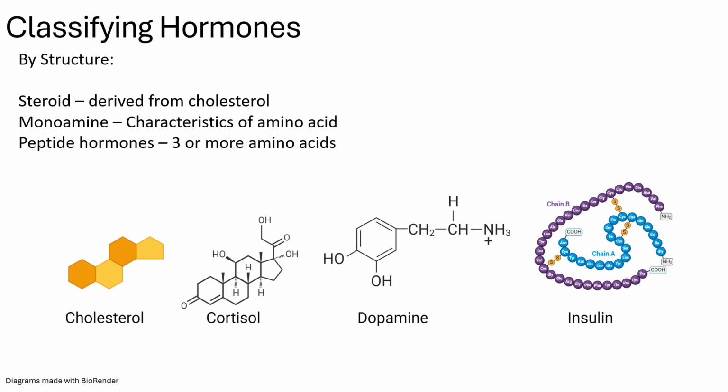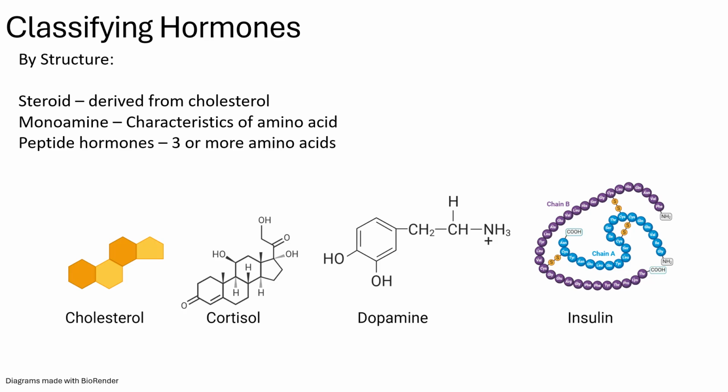Polar hormones, such as modified amino acids like dopamine, or peptide hormones that are a whole bunch of amino acids strung together like insulin, are soluble in water and they transport very easily in the blood. Nonpolar hormones, such as steroid hormones, are cholesterol based and they require proteins to circulate in the blood.